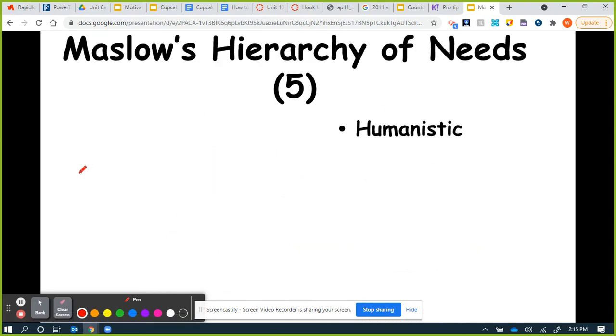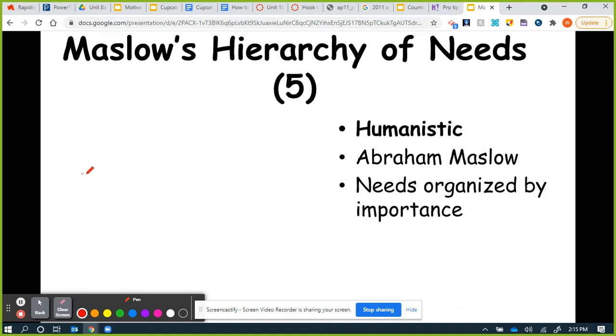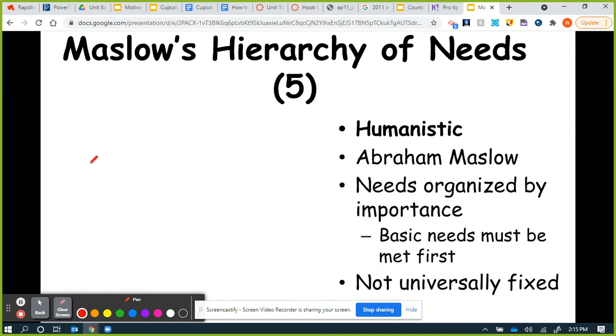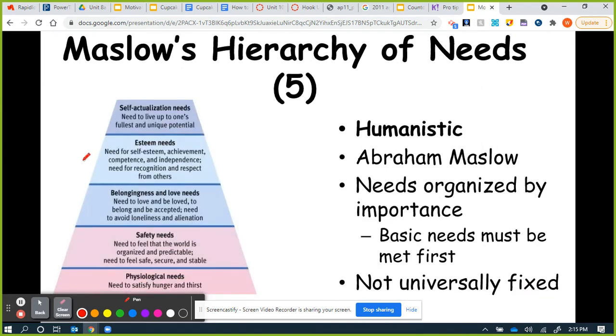All right, and then finally, humanistic theory that is kind of all-encompassing, meaning it kind of includes all of the other theories in it, but Maslow's hierarchy of needs.